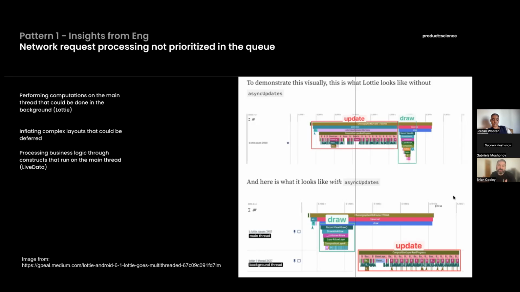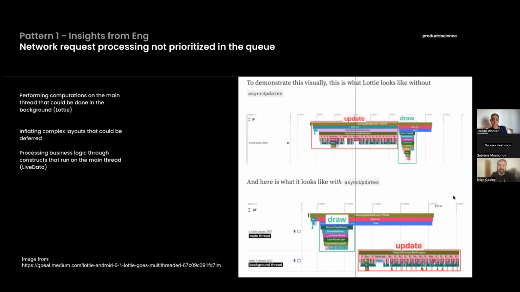The basic idea was animation. The Lottie animation library, like most animation libraries, works in two phases. One is to update, to figure out where everything has to be positioned on the screen, and that's a lot of mathematical computations. Basically, they don't have anything necessarily to do with updating anything on the screen. And then there's a draw phase, which is usually much shorter and much faster. And Lottie was doing all of the updates prior to the draw on the main thread.